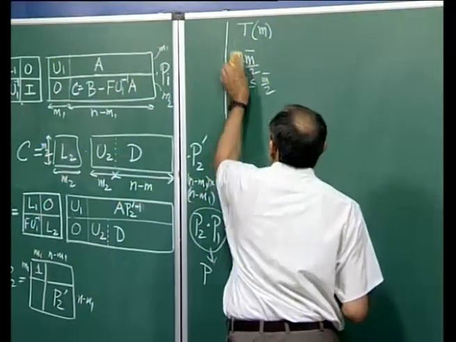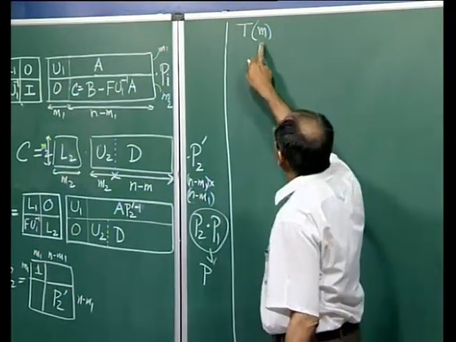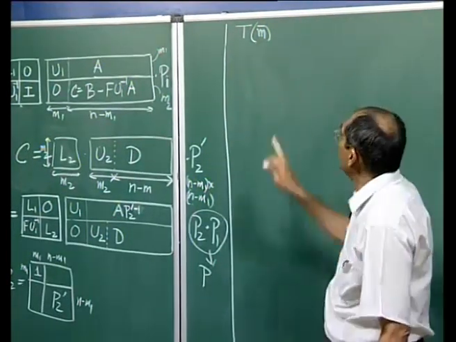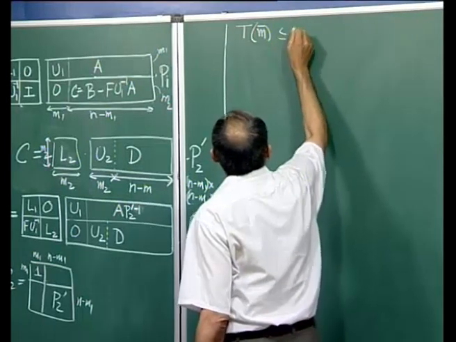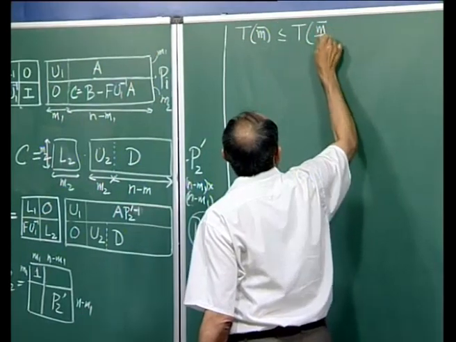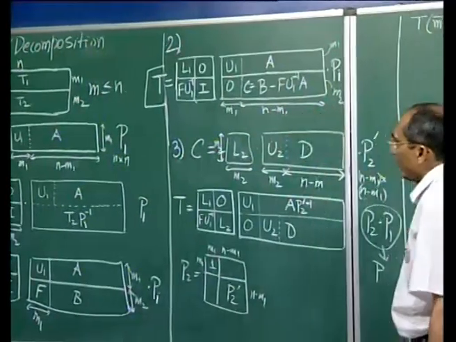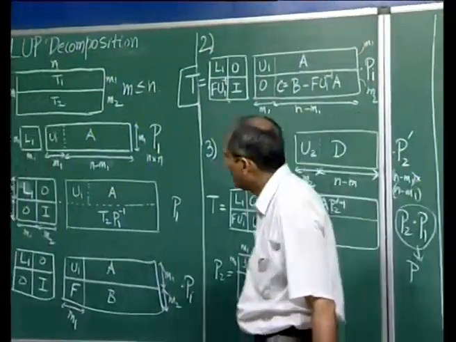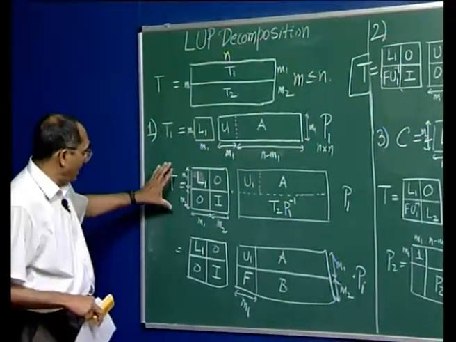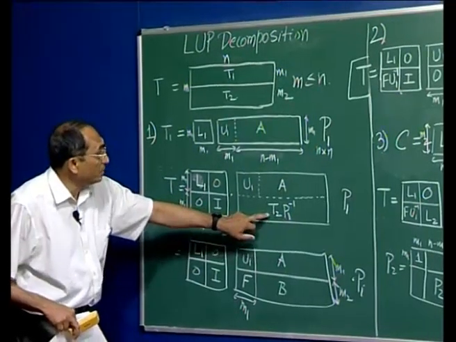So, we will simplify our life and think of M as M bar. This will be less than or equal to, first factor is T(M bar by 2), that is coming from this step. In the very same step, what we have done is we have multiplied P1 inverse to T2.